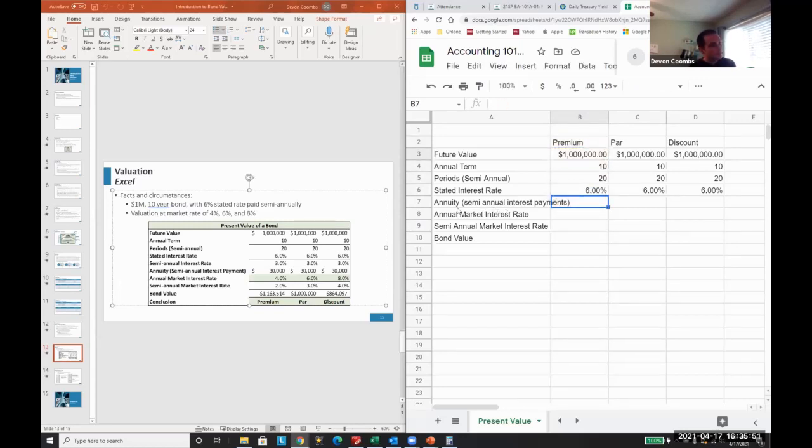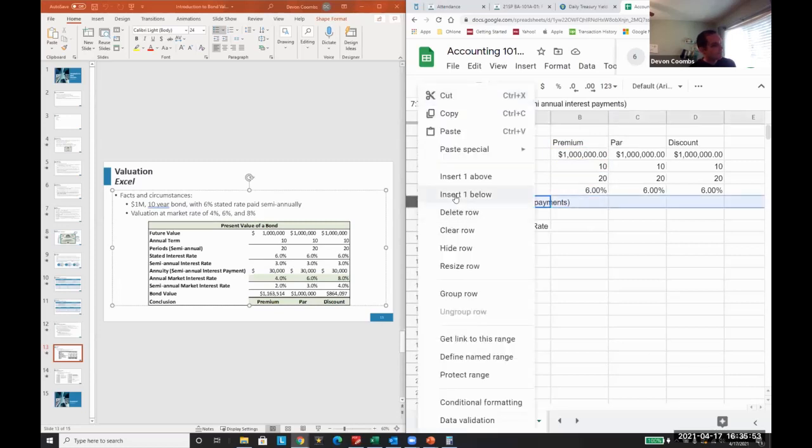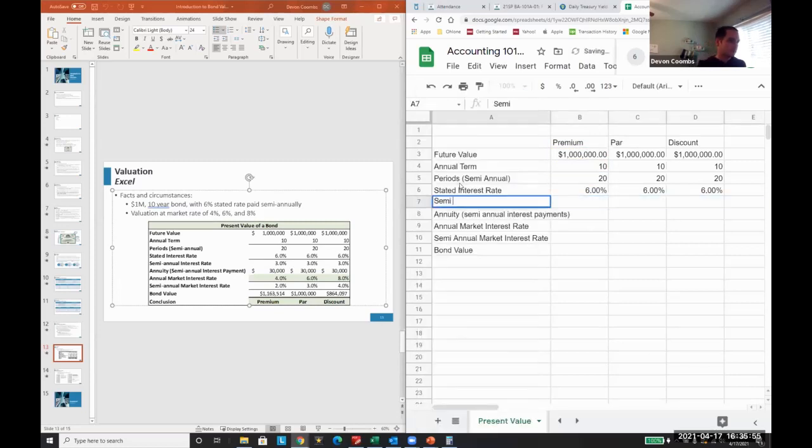Let me make this a little cleaner. So we have to do everything by the amount of periods, right? So because we have a stated interest rate of 6%, our semi-annual interest rate is 3%, right?